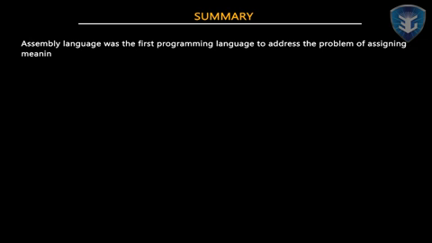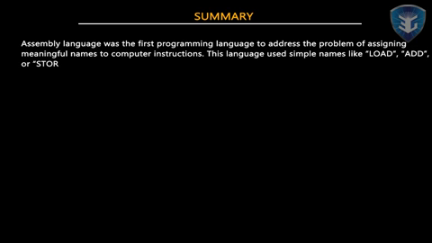Now in the end, let us summarize what we have learned in this lecture. Assembly language was the first programming language to address the problem of assigning meaningful names to computer instructions. This language used simple names like load, add, or store to represent machine instructions.